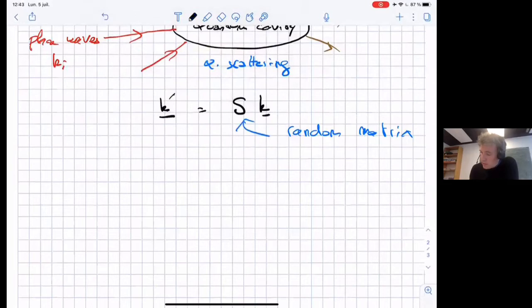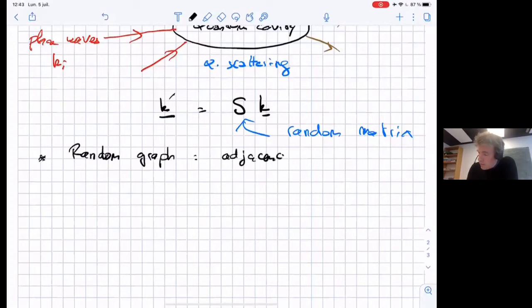Another example that I will just touch upon is the case of random graphs. Typically, a graph would be characterized by some adjacency matrix, which characterizes basically the topology of your network or your graph.